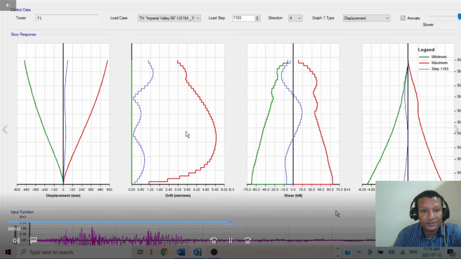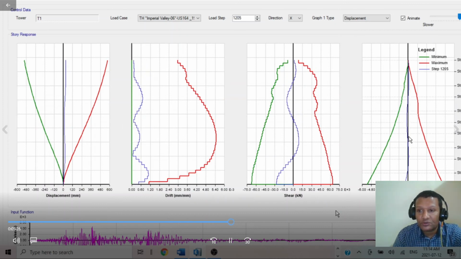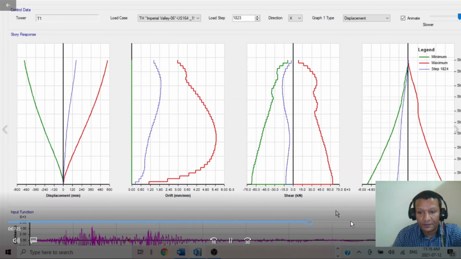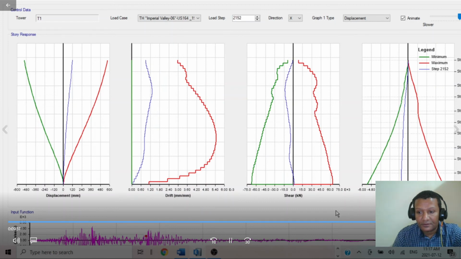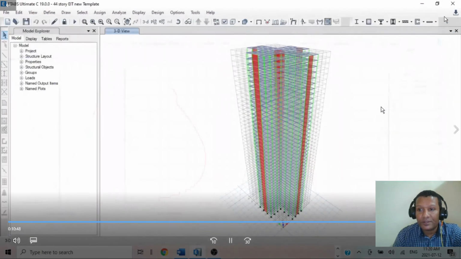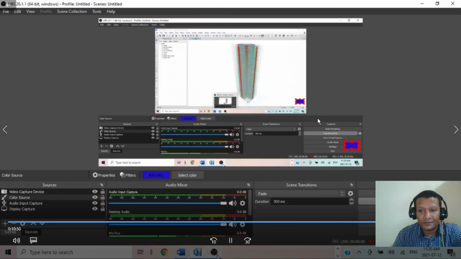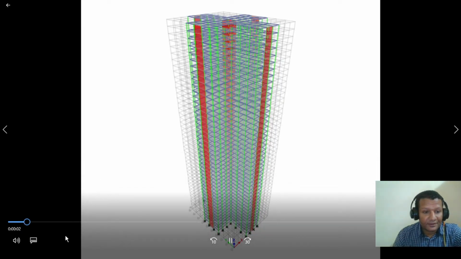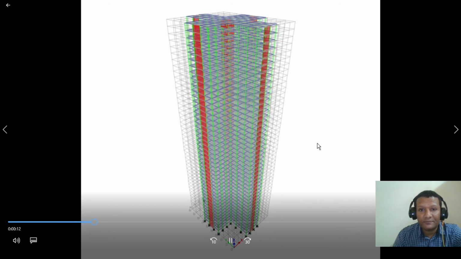So this response will be used to compare with the response spectrum analysis procedure. So for all the earthquakes, in this way we can see, and this is also the deformed shape of the structure as per when the earthquake was applied. The 44-story building, as you can see, it's shaking.